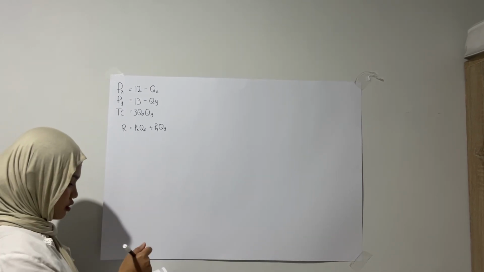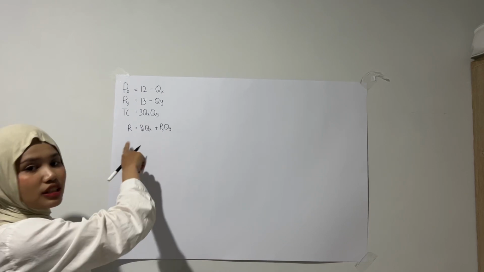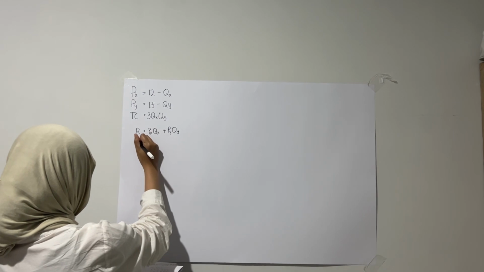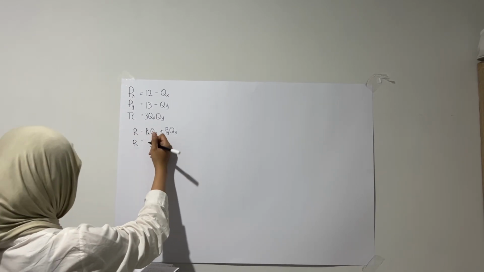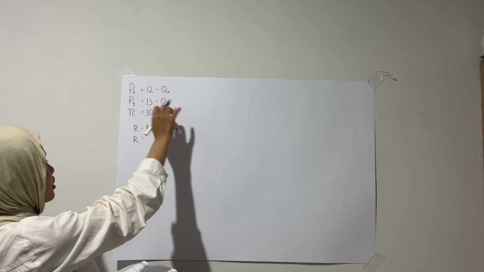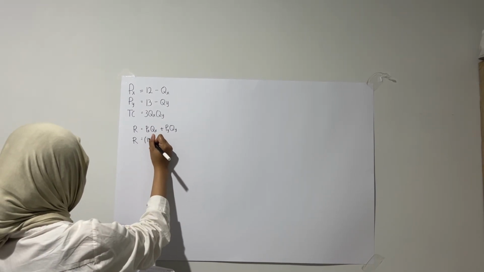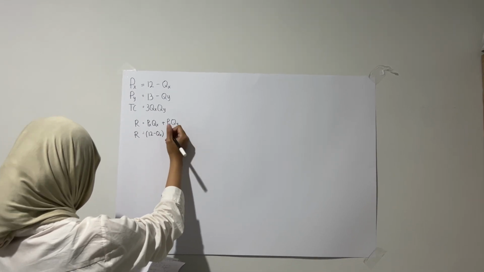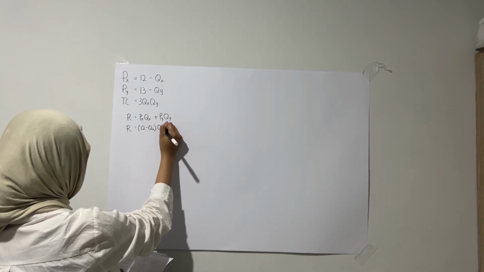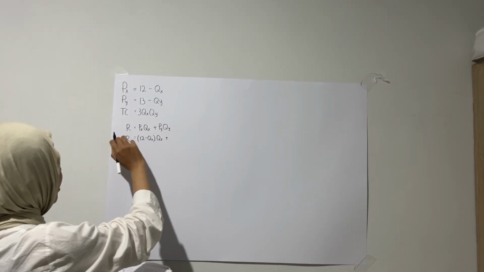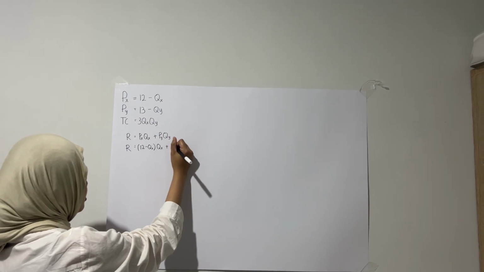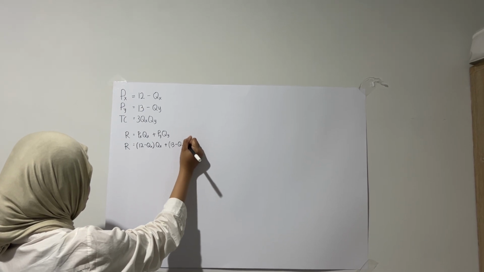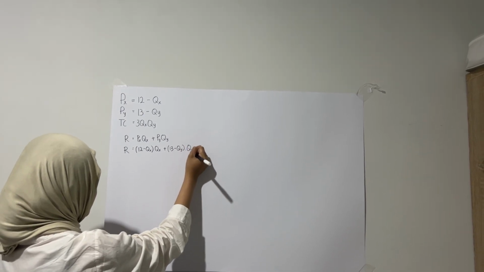And then we want to substitute the price functions into the revenue. So R equals px, we get 12 minus qx, times qx, and then plus py, we get 13 minus qy, times qy.